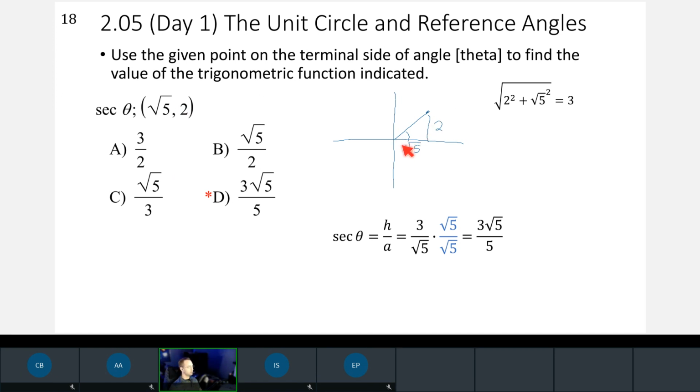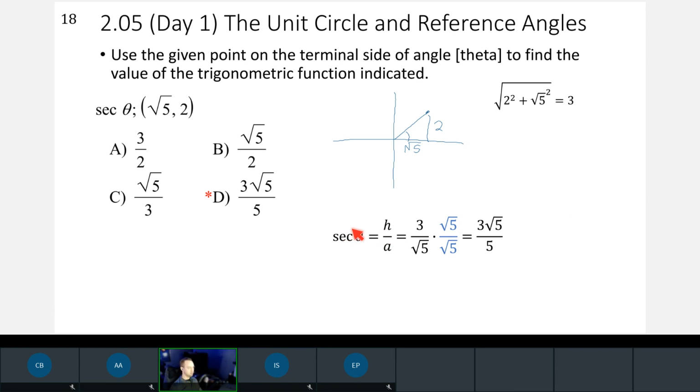The x value is radical 5. The y value is 2. And we want the secant. Secant is the inverse of cosine. Using SOHCAHTOA, cosine is adjacent over hypotenuse, so secant is just flipped: hypotenuse over adjacent.